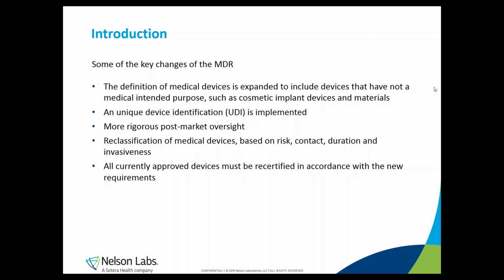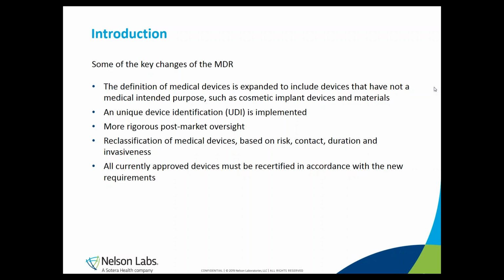Some of the key changes of the MDR that may have impact on processing of reusable devices in general are highlighted in this slide. First of all, the definition of a medical device has changed. It is expanded to also include devices without a medical intended purpose, for example, colored contact lenses and cosmetic implant devices and materials.